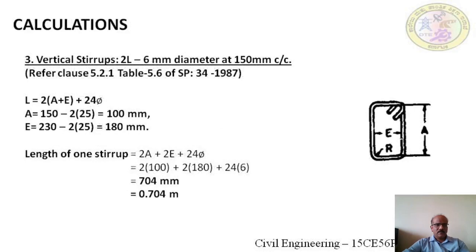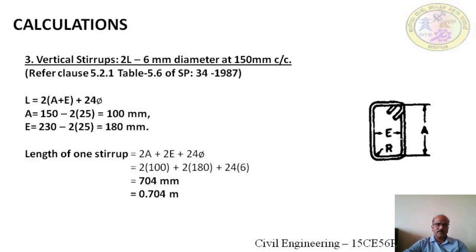And the third one is the stirrups. The 2-legged 6 mm dia stirrups are provided at 150 mm center to center. Here the length of the stirrup reinforcement is calculated by taking the dimensions of the stirrup, excluding the cover to the main reinforcement.